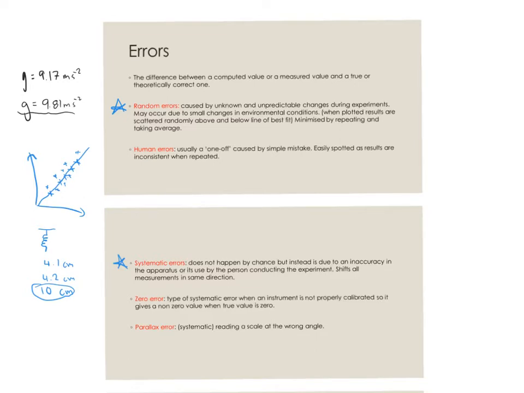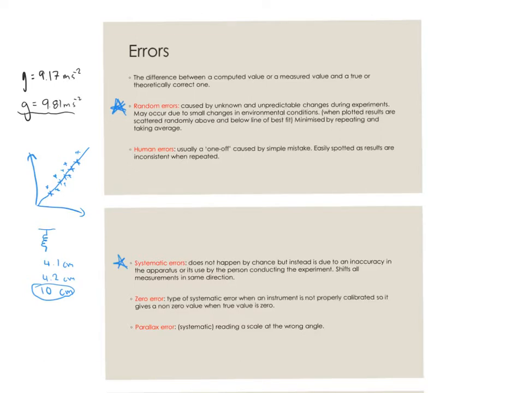That's just usually a simple one-off mistake. But like I said, this is not one of the main errors. What we are interested in is random errors and systematic errors, but you should also be able to pick out what we mean by human errors.